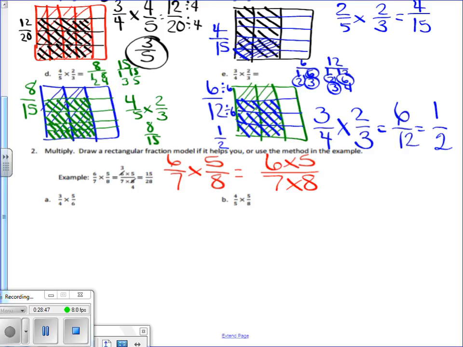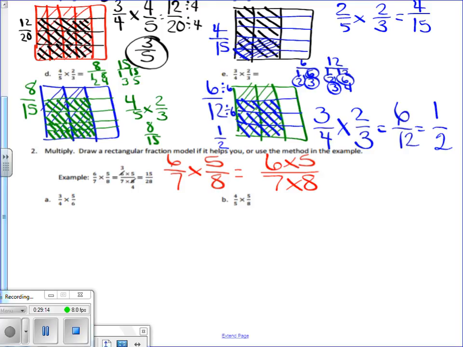So all they're asking you to do is if you see in the problem something in the numerator and something in the denominator where they share a factor. Kind of like up here where 6 and 12, they can both be simplified by 6.